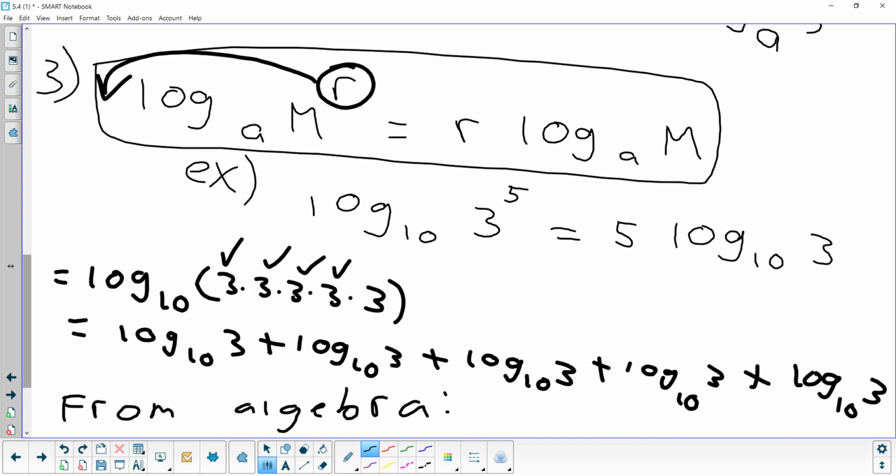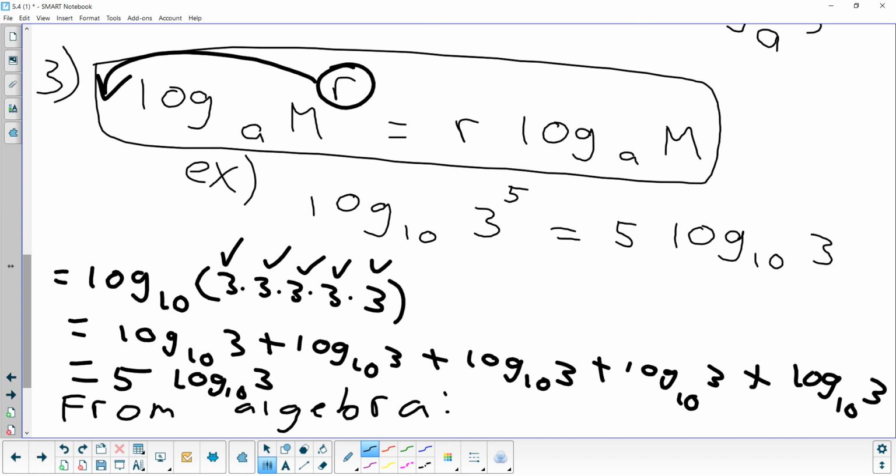How many log base 10 of 3's do I have? 5 of them. So that's 5 log base 10 of 3. That's why you can take the exponent and move it in front. It's really just rule 1. It's like a special case of rule 1.